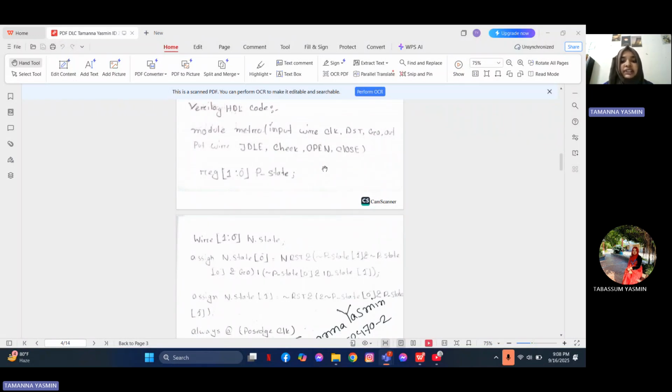The code defines the states, uses a block to handle state transitions on the clock edges, and a combinational block to define the output, which is simply to open the gate only when the FSM is in the open state. This creates a clear, reasonable control flow for the gate mechanism.